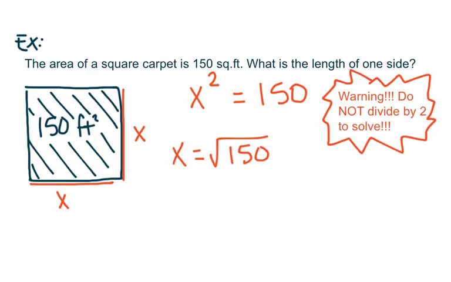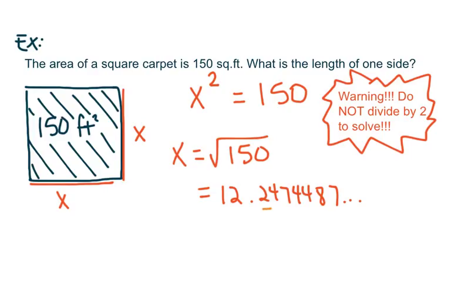So when I type in the square root of 150 into my calculator, I get 12.2474487, etc. It goes all the way across my calculator screen. So let's go ahead and round this to the nearest tenth.